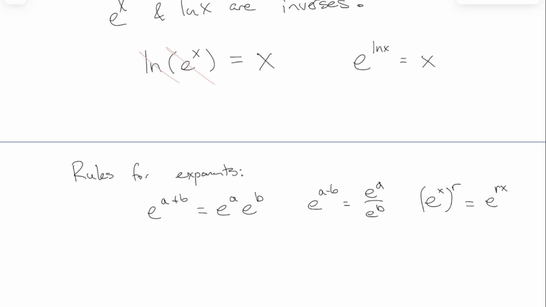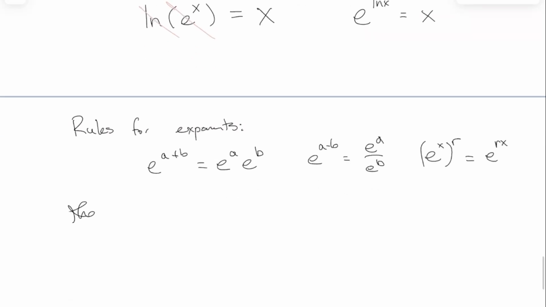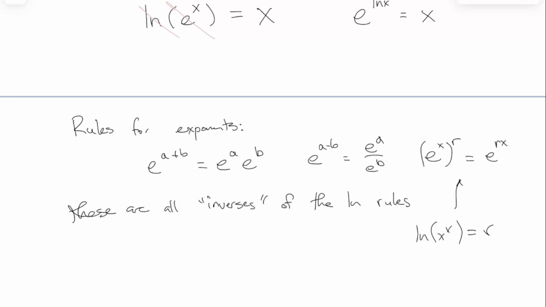Each one of these are all sort of inverses of the ln rules, right? You can, I think, see the relationship. The last one there is a version of this rule, right? ln of x to the r equals r ln x, right? Here you have, sorry, this is hard to read, x to the power r.